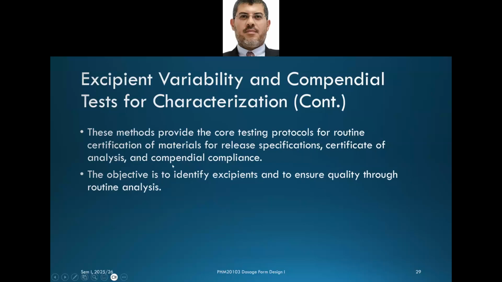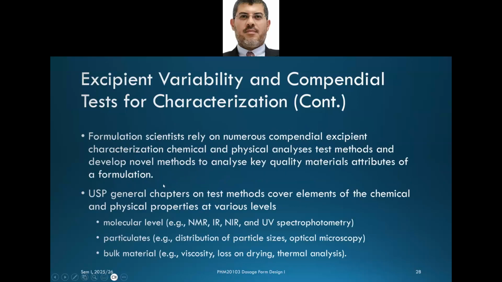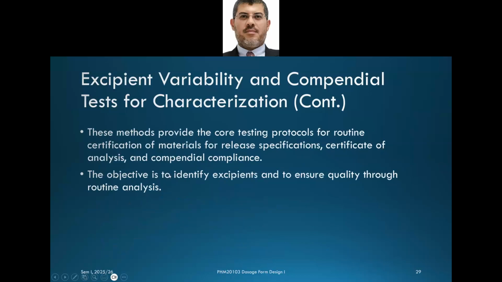We have two important references that I can refer to if I want to get some information about my excipients. One is non-regulatory, just a compilation of information about different excipients. It has monographs. We call it the Handbook of Pharmaceutical Excipients. This is a very important reference.